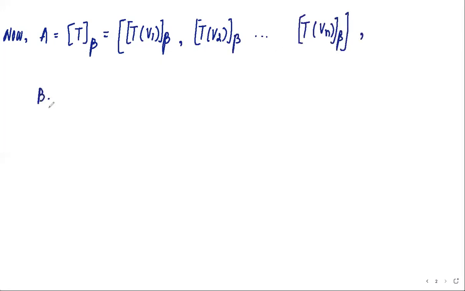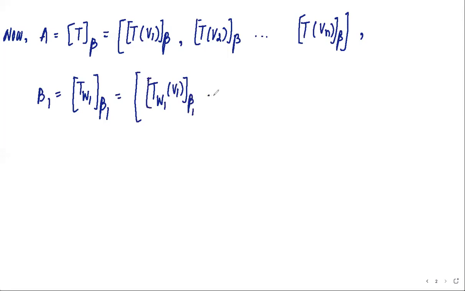Similarly, matrix B1 is the matrix of the linear operator T_W1 relative to the basis beta 1. So its columns are defined in this way. The first column is the coordinate vector of T_W1(v1) relative to the basis beta 1, and so on.